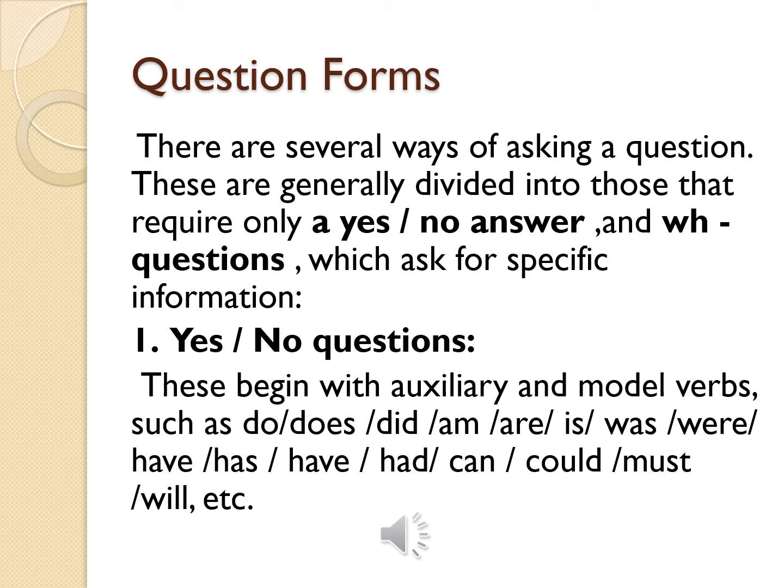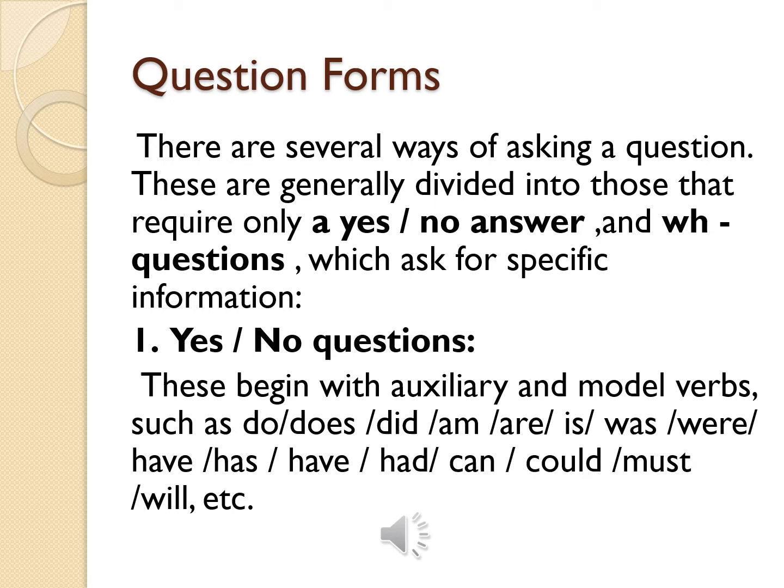These are generally divided into those that require only a yes/no answer and WH questions, which ask for specific information. So, in English, there are two basic types of question: yes/no questions and WH questions.